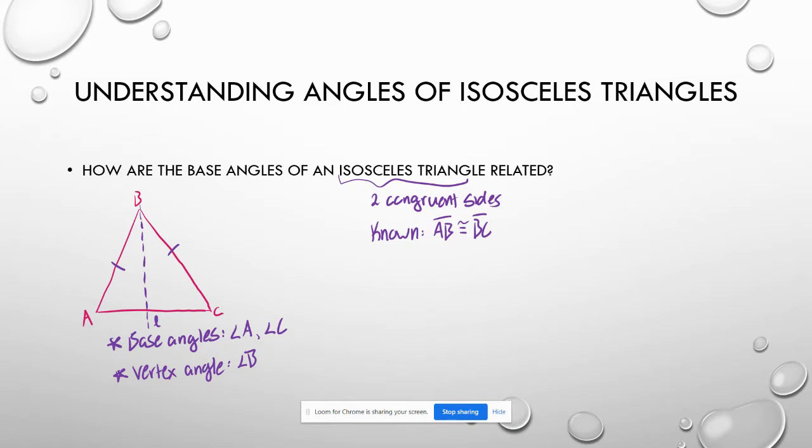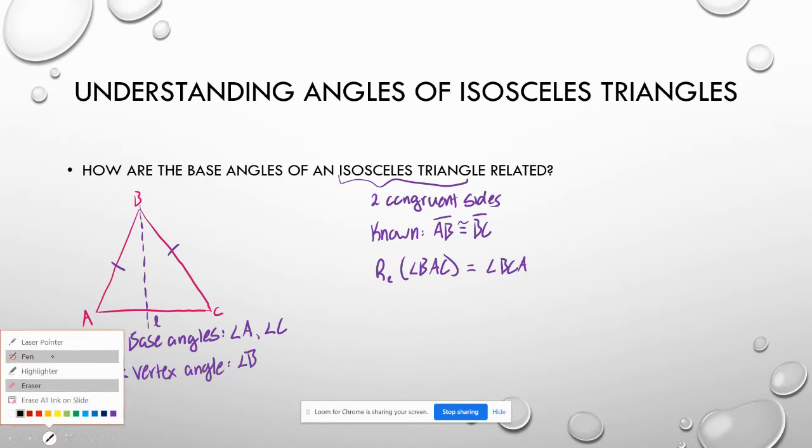So if we take the reflection over line L, that angle BAC, or angle A, is also going to be equal to angle BCA. The reflection is equal to that angle.